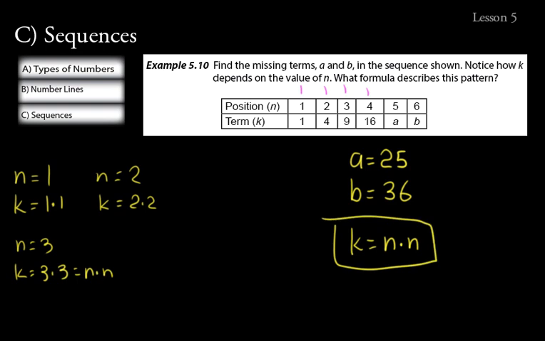So there's our formula. There's other ways we could have written that, right? Because there's other ways to write multiplication. We could have said n times symbol n like that. We could have said n parentheses n. Something you'll learn later about exponents, maybe you already know. Don't worry about it if you don't. You could say n squared as well. That's another way. Okay, well that's all for lesson 5.